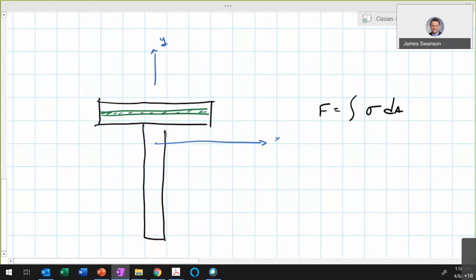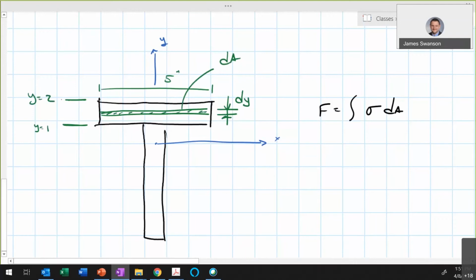So that's dA, and this dimension is going to be dy. And the horizontal dimension is going to be the width of the flange, 5 inches. And so I want to integrate over the value of y from y equals 1 up here to the value of y equals 2.